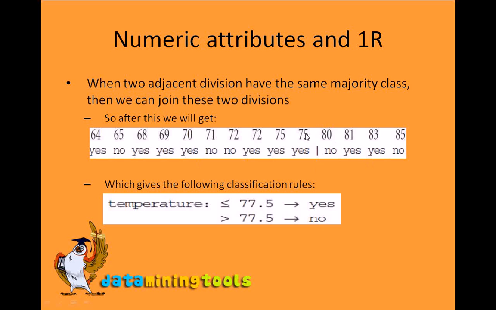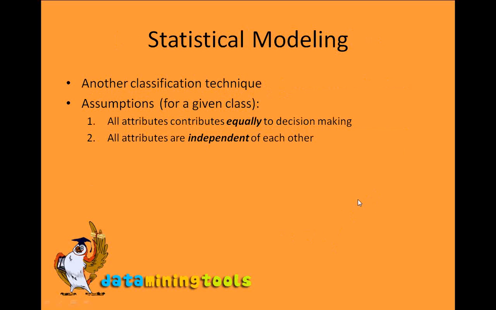And as you can see, this is basically the midpoint between 75 and 80, that is 77.5. The majority class on the left side is yes, and on the right side we have no. So these are the rules which we have. Classification rule: for less than 77.5 we'll consider yes, otherwise we'll consider no. So this is how we deal with numerical attributes in 1R.